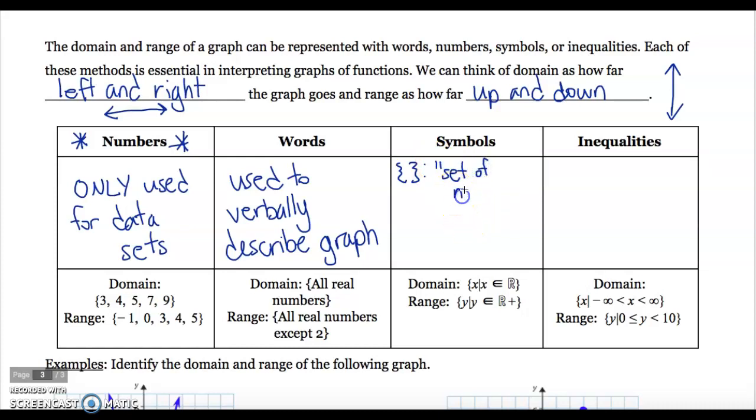So when you use the fancy brackets for domain and range, you're describing all of the numbers that are in the set of numbers that are in the domain and in the range. This straight bar, it almost looks like a singular absolute value symbol, means in mathematics "such that."